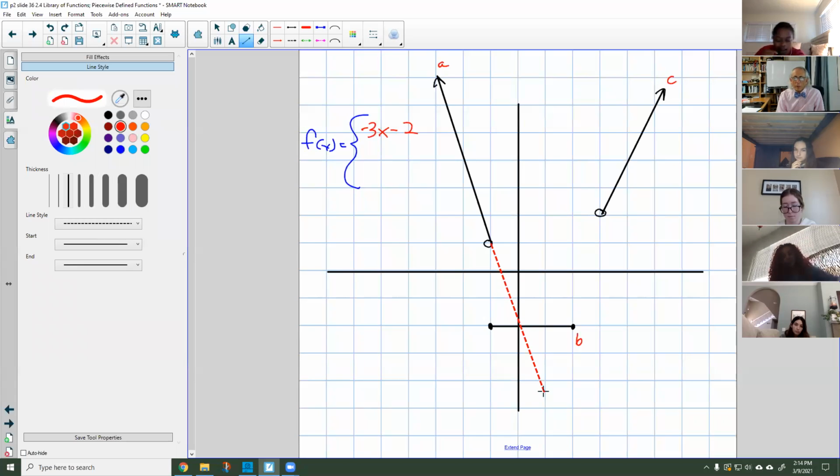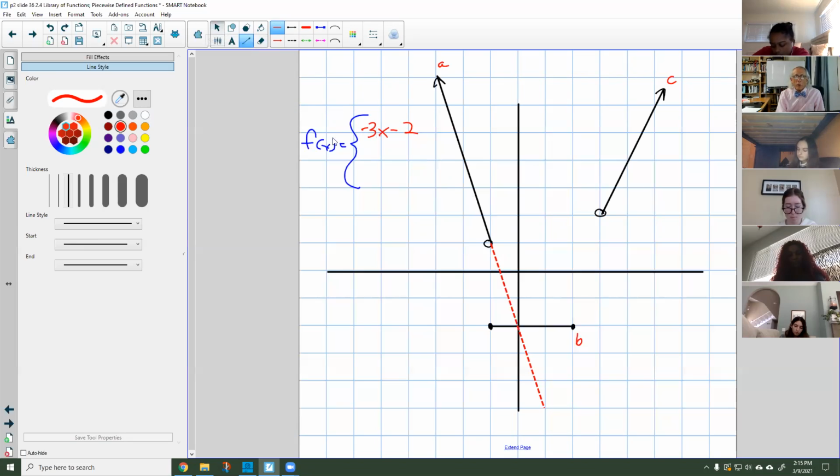My line is a little bit off, but it would go about like that. Everybody see that? Okay, so it's a negative slope, and I'm going down 3 over 1, down 3 over 1. So I have negative 3 as my slope, and my y-intercept is at negative 2 right here. So I have negative 3x minus 2.